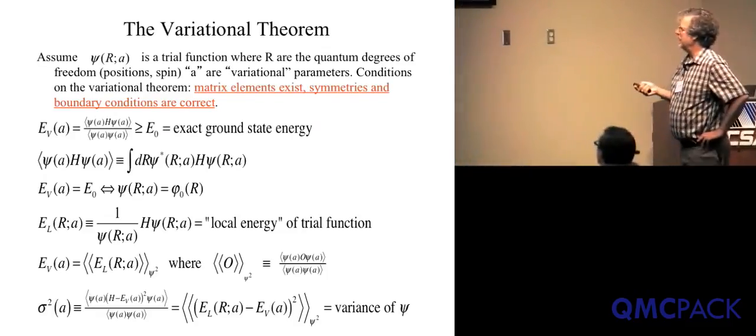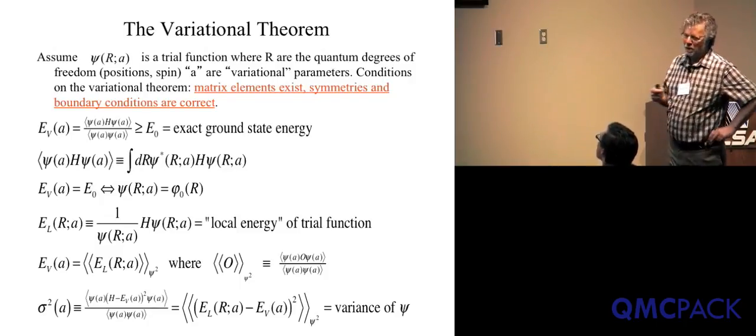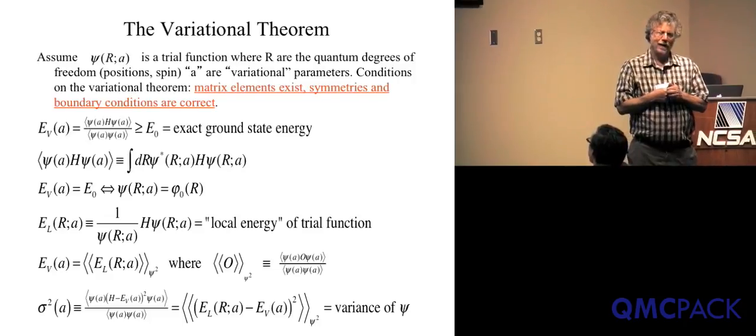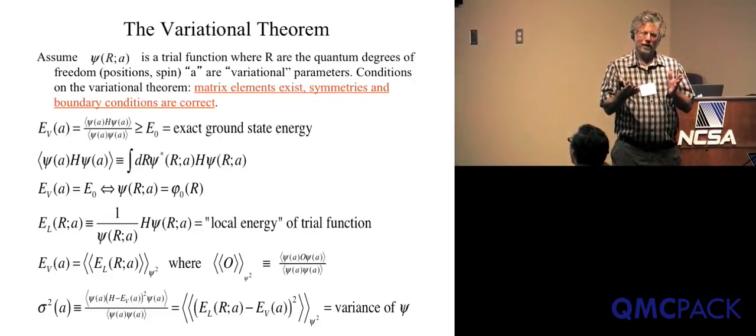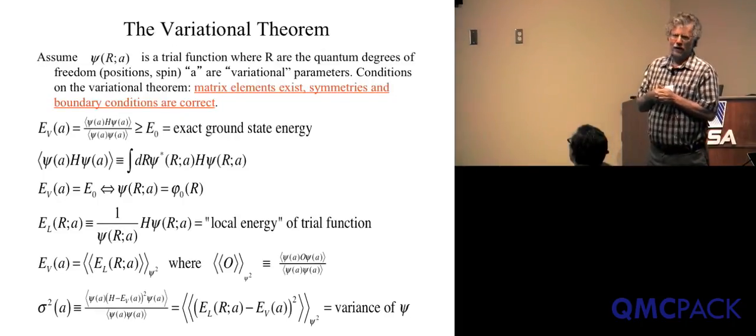Now, we introduced something in quantum Monte Carlo called the local energy of the trial wave function. And this is defined as the Hamiltonian acting on the variational wave function divided by the variational wave function. And so this is a function of the electron positions. And this is why we call it the local energy, although it is really more like the residual energy.